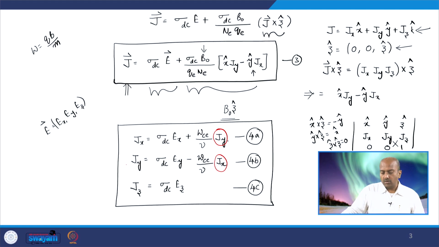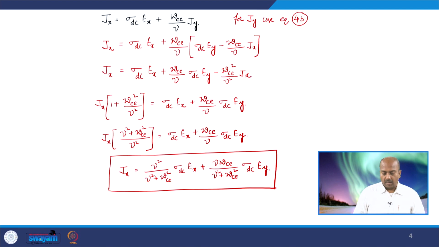have only jx. Similarly, I can also substitute 4a into 4b, so that I get an expression for jy.